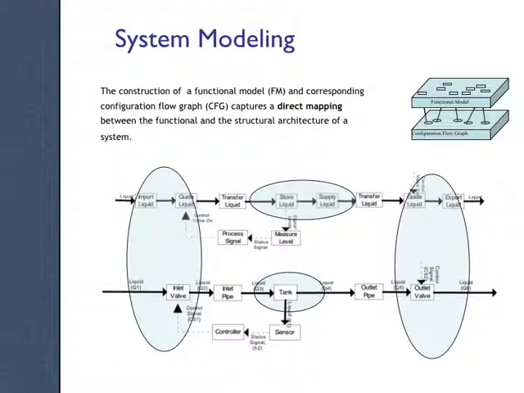And the functional side is what ties to the needs and the requirements. And so it kind of naturally matches the design process, right? So for example, in this particular case, the tank implements the store and supply liquid functions. Similarly, the inlet valve implements the import liquid and guide liquid functions.